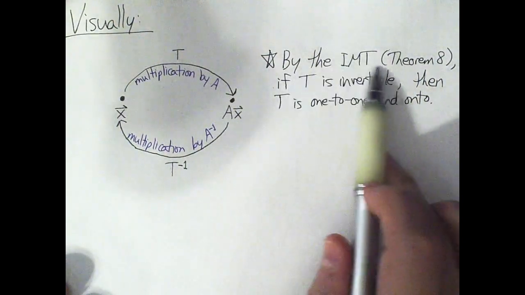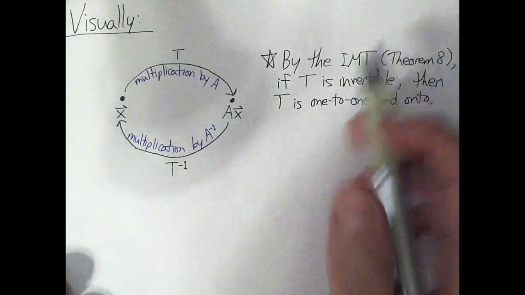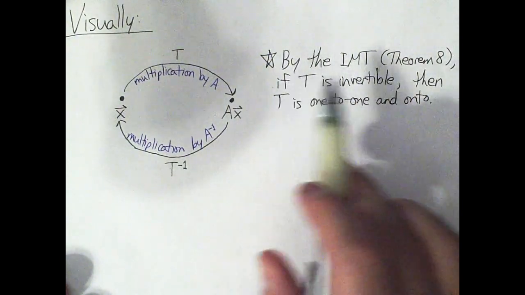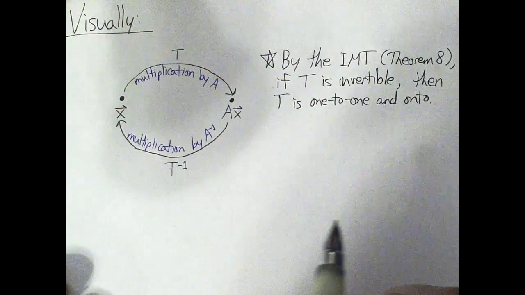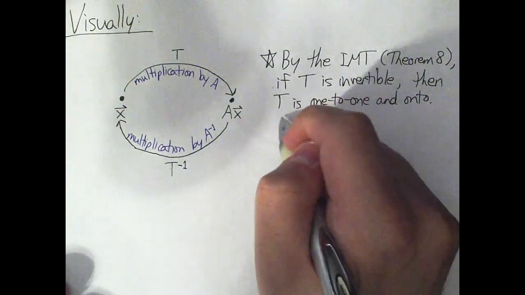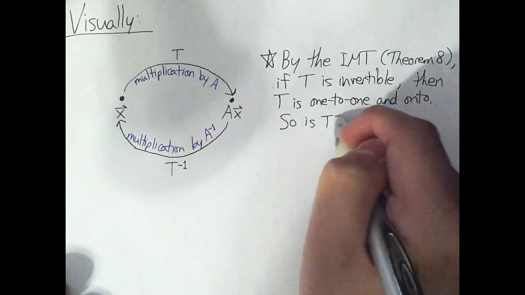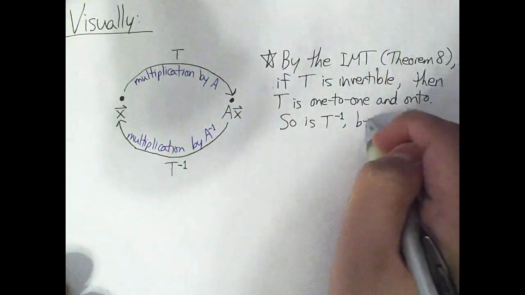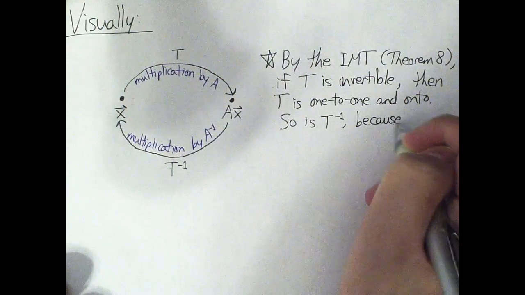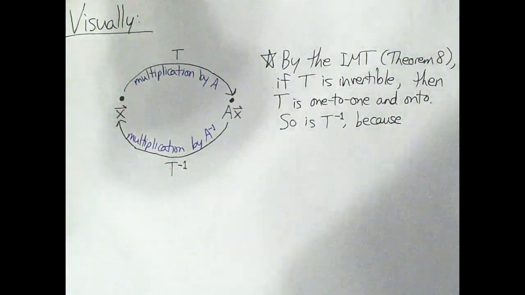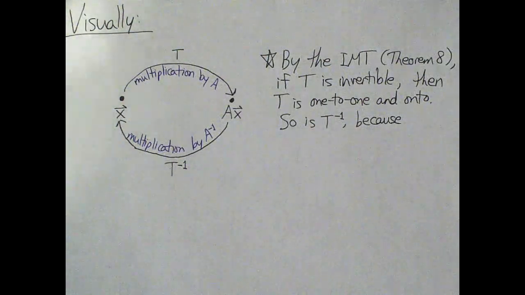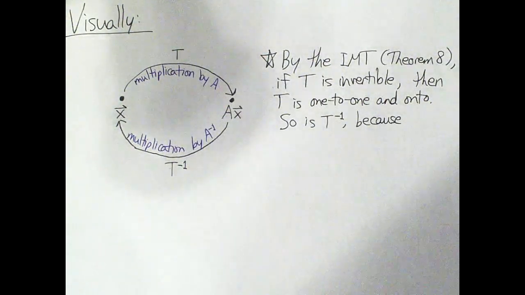When I say by the IMT, if T is invertible, we're talking about a square case here. So if T is invertible, then T is 1-to-1 and onto. Well, the new thing that I want to say is, so is T inverse. T inverse is also 1-to-1 and onto.